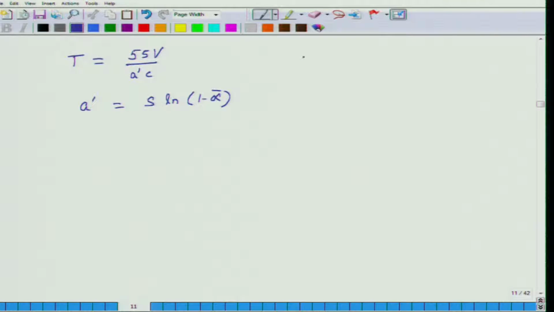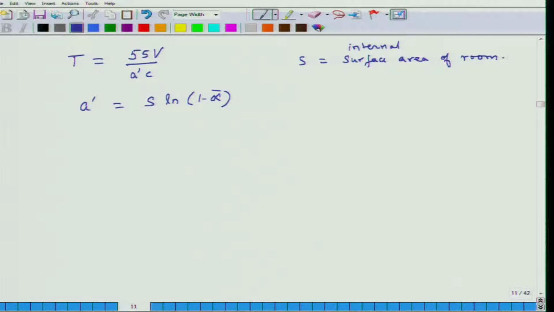And what is S? S is the internal surface area of the room. So you take all the walls and all the shapes inside the room and you calculate the internal surface area of the room.